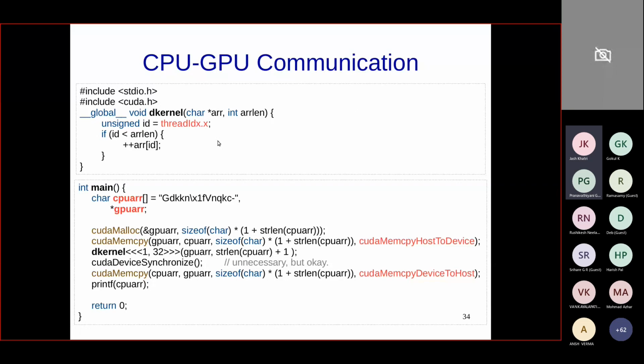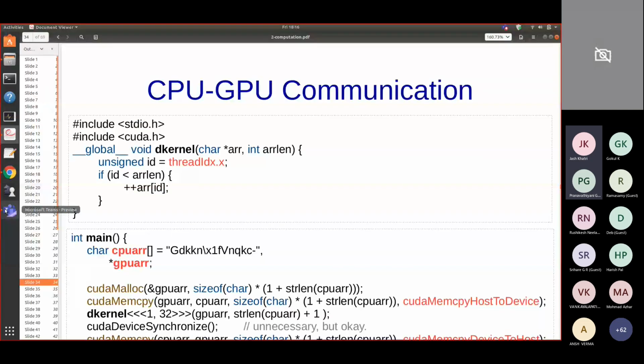See, this is the CPU ARR, right? This is the string, and its address is being pointed to by CPU ARR. Now, there are a total of 13 characters in it if you observe very carefully. The first 5 are GDKKN, then the sixth character is this \1F, the seventh is V and Q, 8, 9, 10, 11, 12.